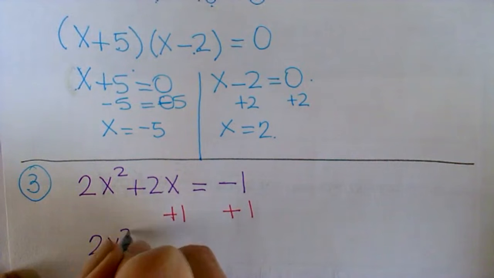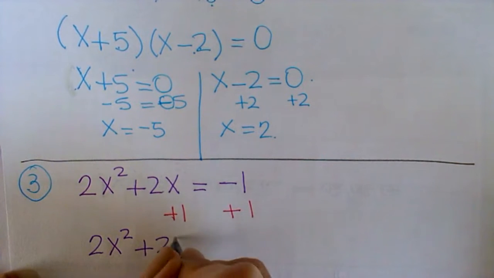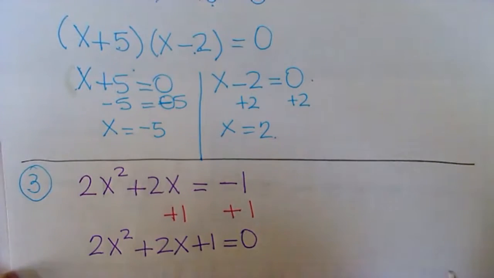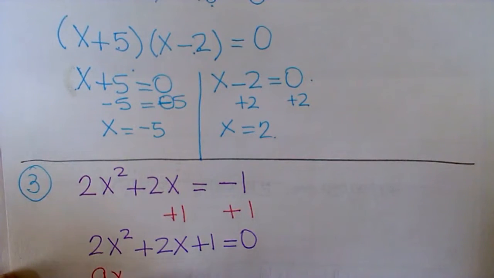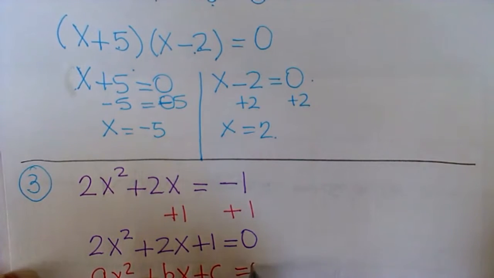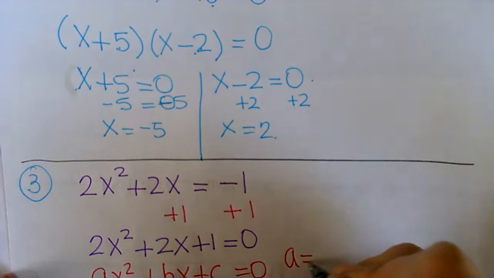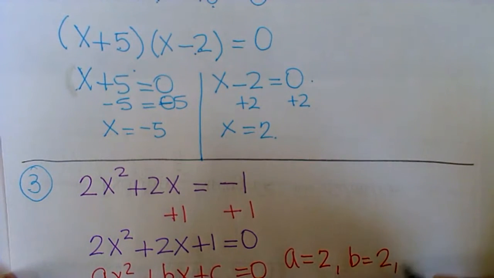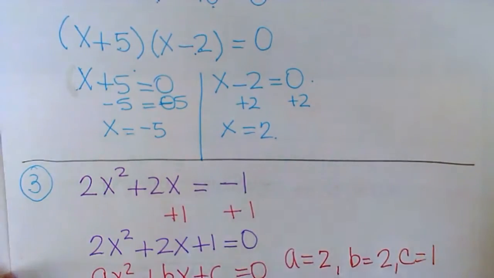It's 2x squared plus 2x plus 1 is equal to 0. Here a is 2, b is 2, and c is 1.